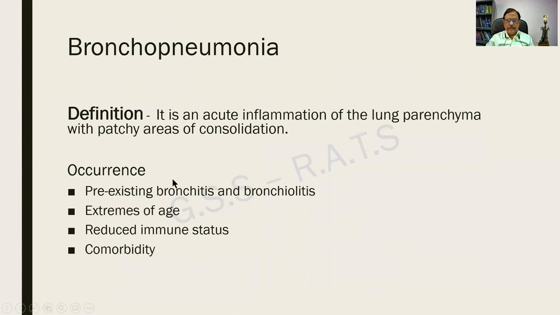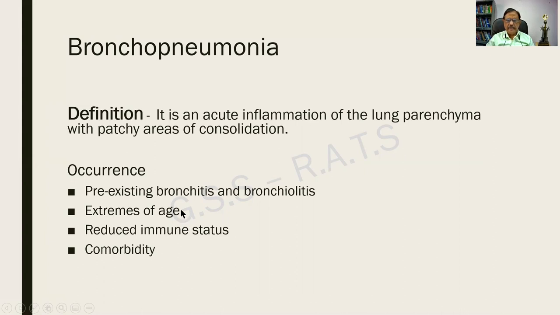The definition: it is an acute inflammation of the lung parenchyma, not pleura, with patchy areas of consolidation. And it occurs in patients who have earlier repeated bronchitis, bronchiolitis, etc. Then there is an extremes of age in the patients.